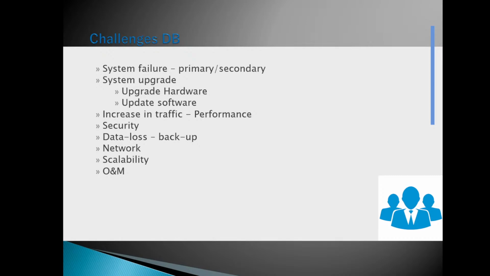These are the few challenges faced by a company while maintaining databases, like system failure, system upgradation, be it hardware or software, performance issues because of increased traffic, maintaining security, data loss, network issues, scalability, and operational maintenance. These are the areas where, if you are maintaining a database, you will find a challenge.